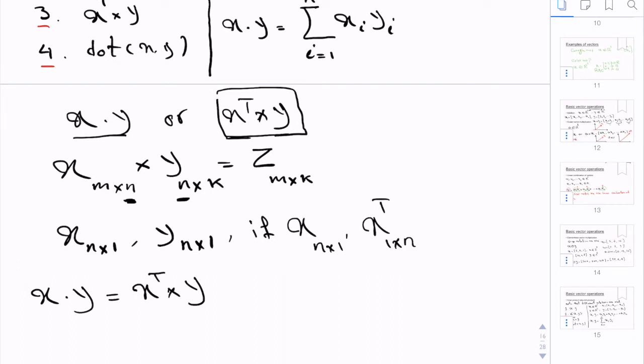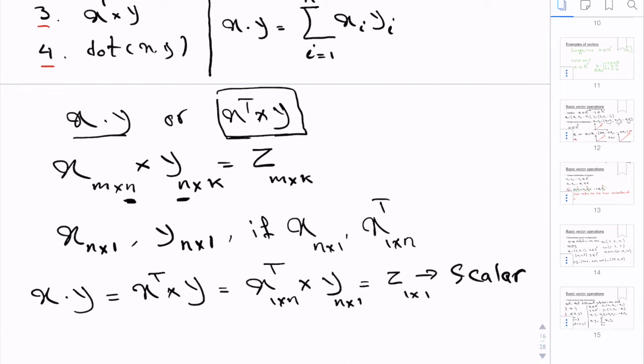And then I can do the multiplication. That means X transpose has dimension 1 by n, times Y, which is n by 1. Now this is equal to Z, which is 1 by 1, right? Which is a scalar. This is also important to note: the dot product of two vectors is a scalar, is a number, is not another vector, right?